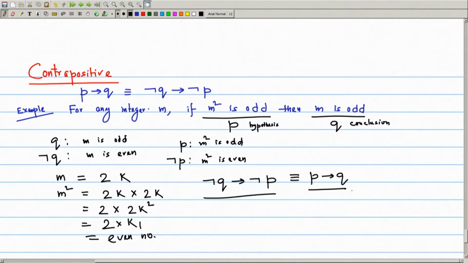So, it is proved by contrapositive. This is a special case of contradiction.